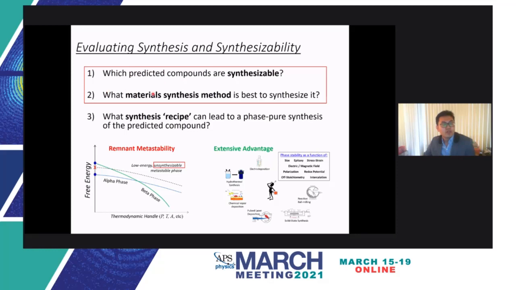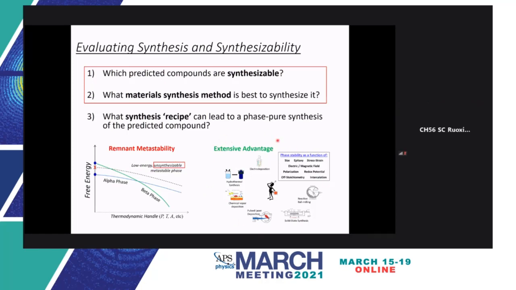And which material synthesis method should I use? You should use the one that has the intensive variable that leverages that extensive advantage. Okay, so there are unsynthesizable metastable materials, and for the ones that you can synthesize, you have to think a little bit about which synthesis method I should use.